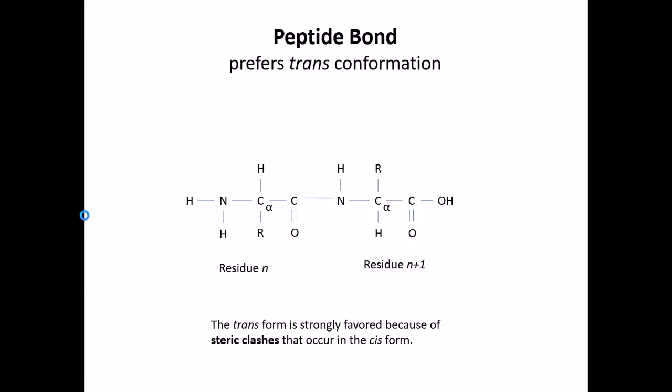That is, the non-bonding atoms that are found, that is the H and the O, and also the subsequent R, hinder the presence of each other, thereby the trans conformation becomes the most feasible or favored conformation for peptide bond forming atoms.